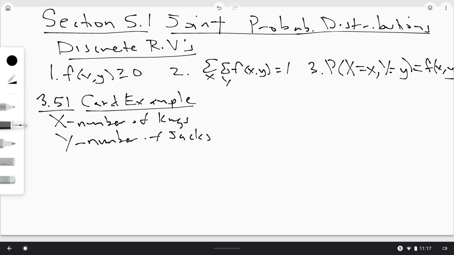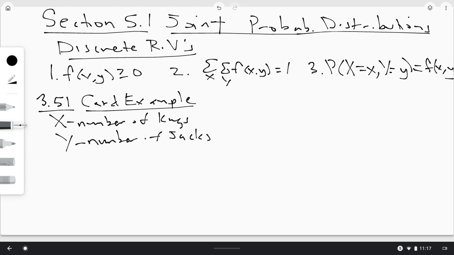We want to find the probability that X is equal to 0, Y is equal to 0; the probability X is equal to 1, Y is equal to 1; and the probability X is equal to 4, and Y is equal to 2.